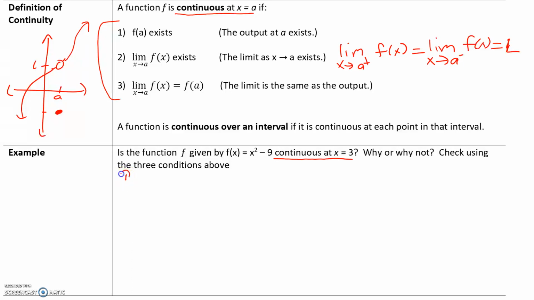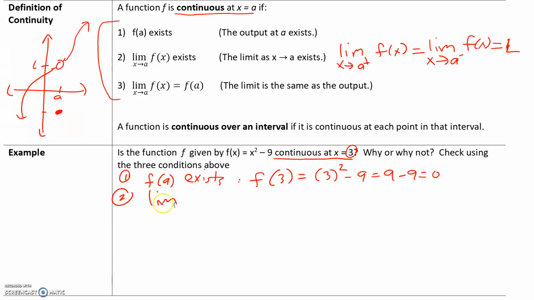So let's go through all the requirements. One, f of a has to exist. Okay, so our a value is 3 because we're saying is it continuous at x equals 3? That's our a value. So if I plug in f of 3, I get 3 squared minus 9. That's 9 minus 9, or 0. So that's good. That exists.